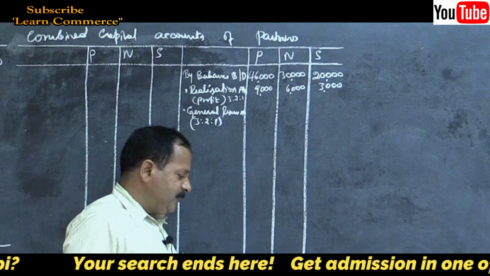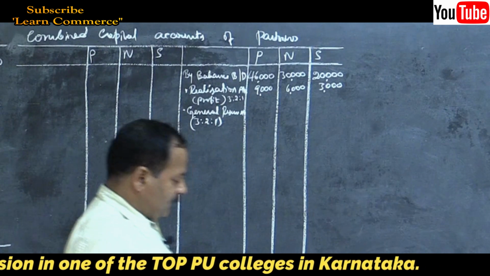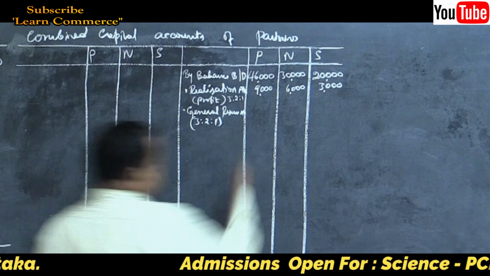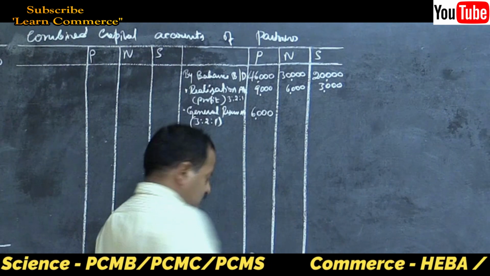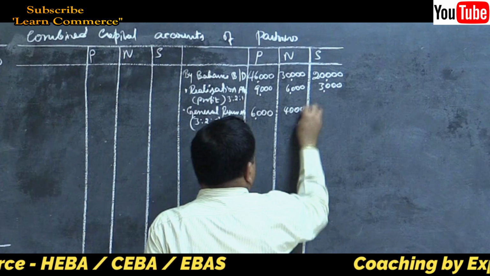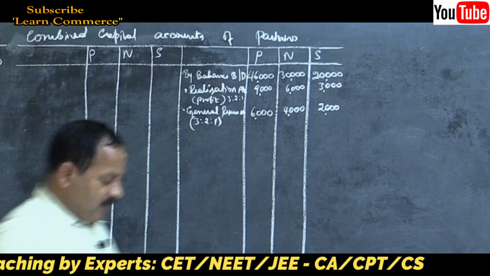How much? It will be 6, 4 and 2. Total amount of general reserve is 12,000. Yes. Then let us move on to the next part.